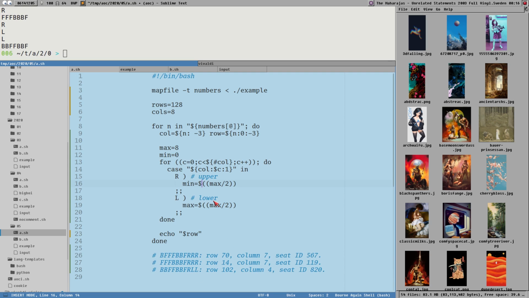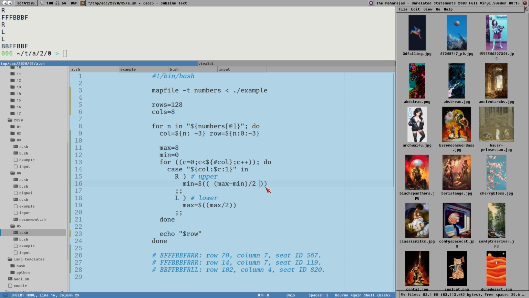It's that thing, you know. So it is in the upper row. The upper row is max minus min divided by 2. I think that is how we should do it.